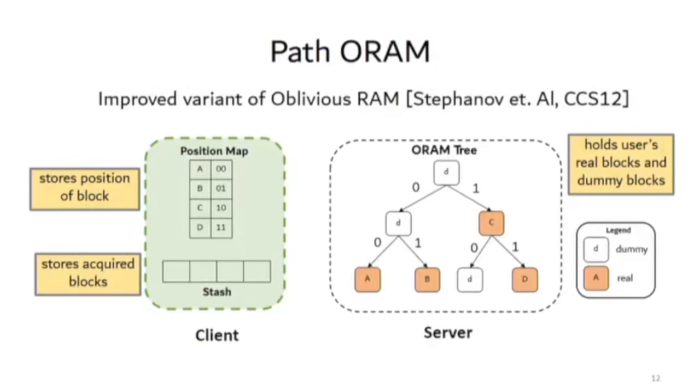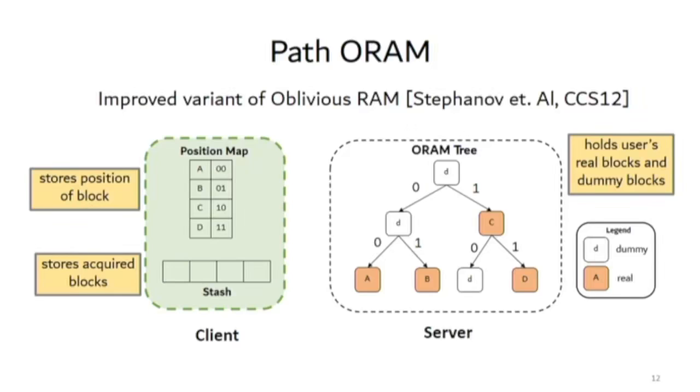Path ORAM is an improved version of Oblivious RAM that was proposed in 2012 by Emil Stefanov, who was a Purdue graduate. It uses a tree-based ORAM scheme.